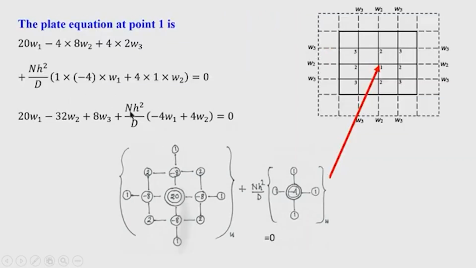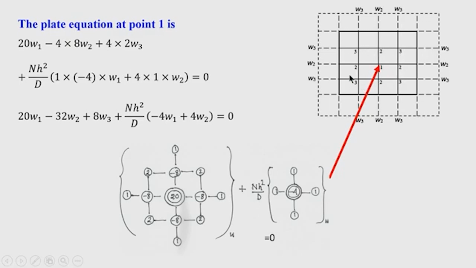We take this stencil, and because of symmetry, if this is the central deflection W1, then the deflection at this node is W2, here also W2, W2, W2, and then also it is W3, W3, W3 and W3.